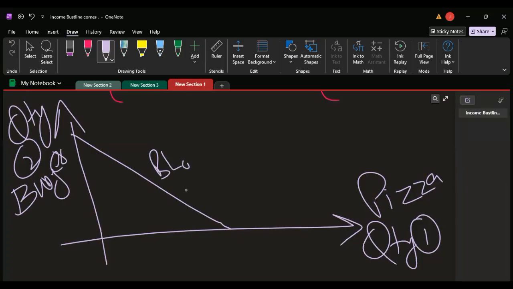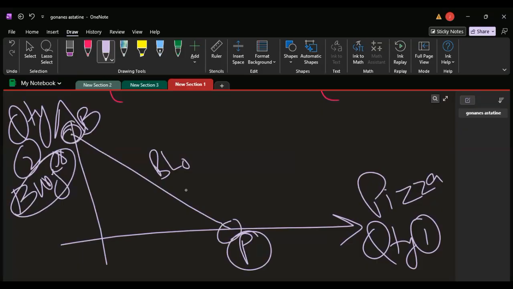Here the quantity on the x-axis reflects the quantity of pizzas, and the quantity on the y-axis presents the maximum quantity of burgers. At this point, the quantity of burgers is at maximum while pizzas are at 0, and on this point pizzas are at maximum and burgers are at 0, meaning these are the extreme points.